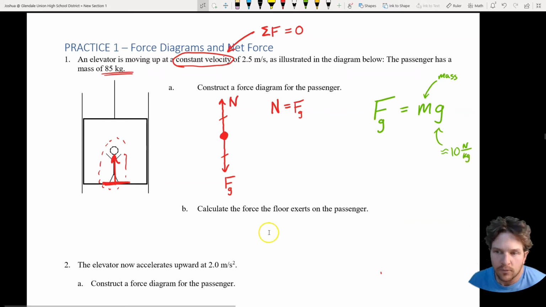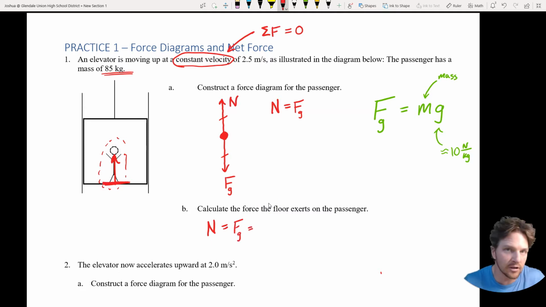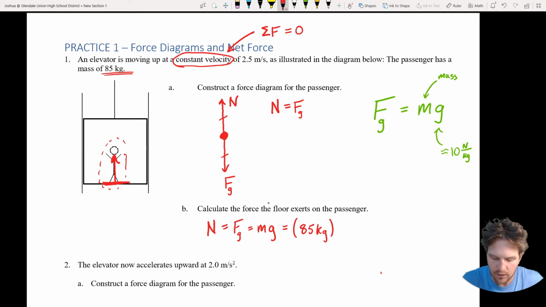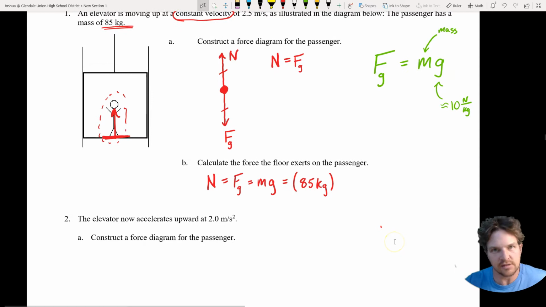Okay, so calculate the force. Well, if the normal is equal to the force of gravity, like we just wrote, and the force of gravity can be calculated by mass times g, we know the mass, it's 85 kilograms. We know g on planet Earth, exactly, is more written as 9.8.